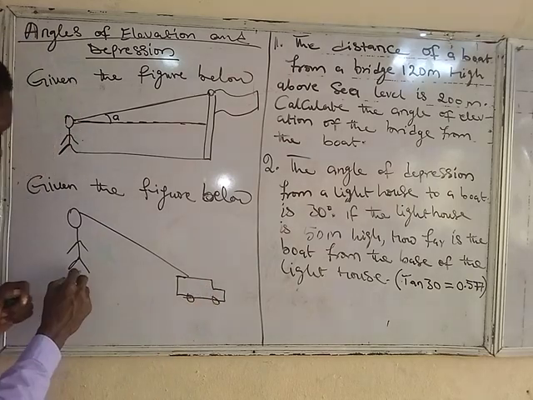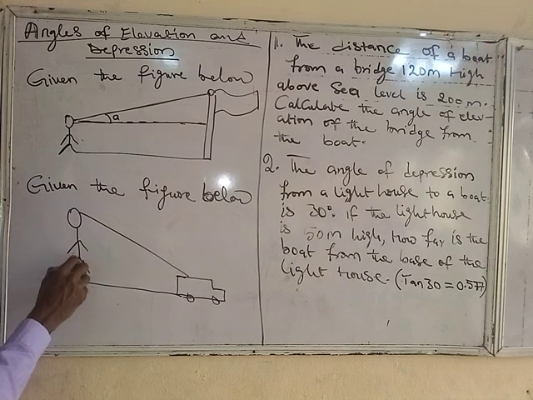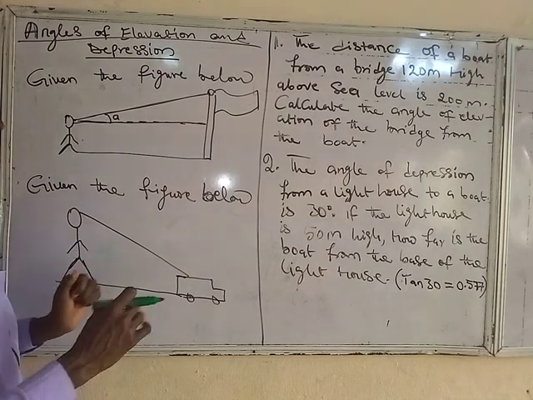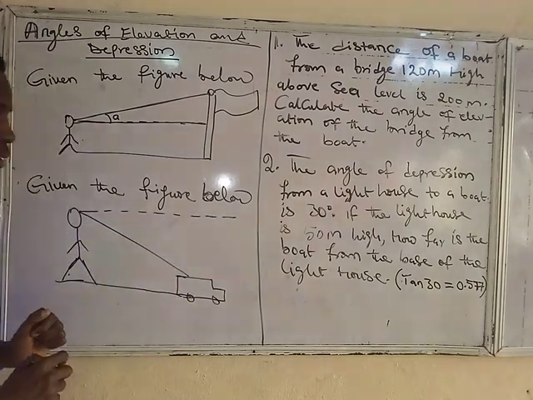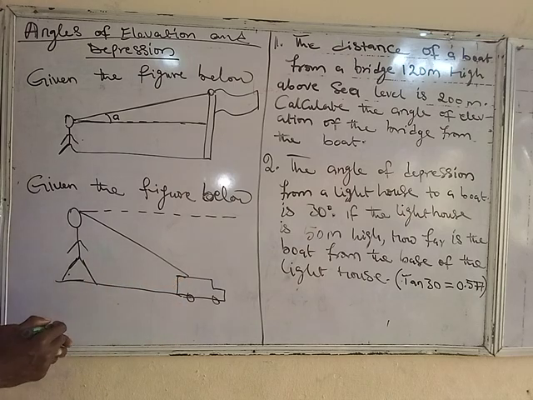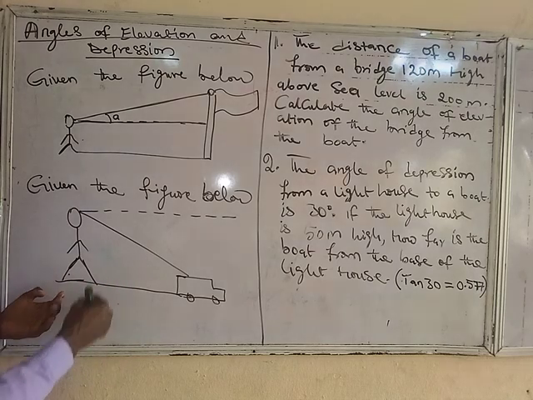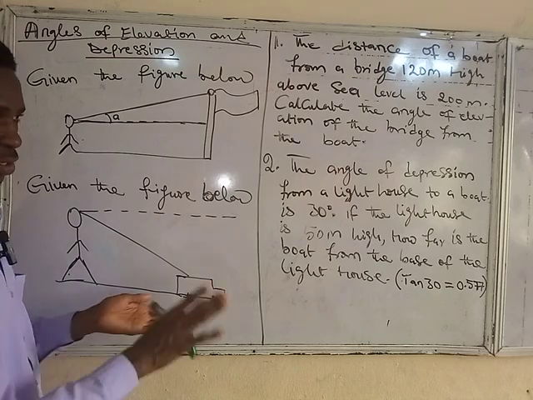Pardon the way my car looks. Now here is another person, and this is the horizontal, but the person is looking downward this way, probably because the person is taller than the car, or the person could be standing on an altitude higher than that of the car. It doesn't matter.